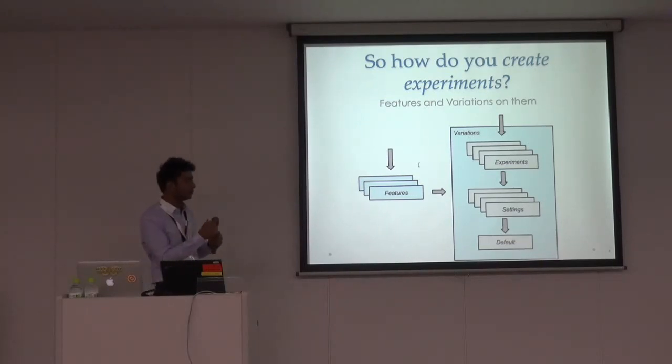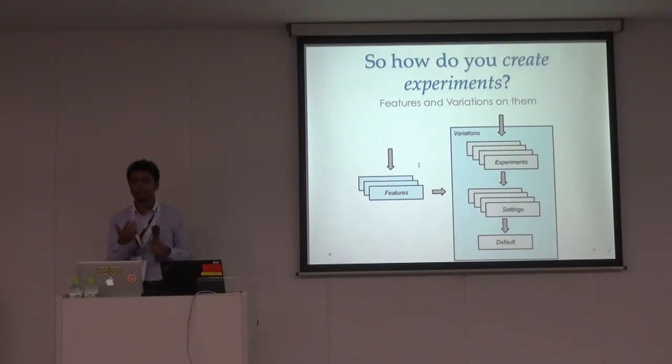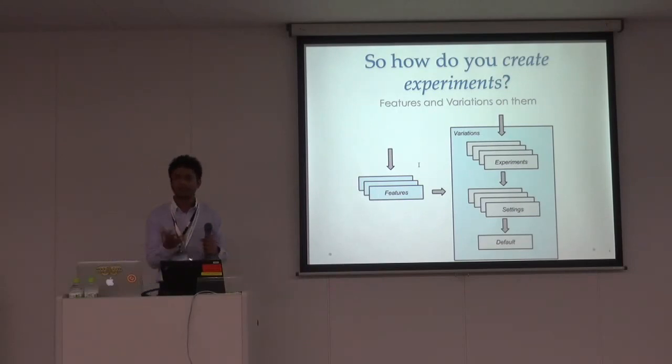But here's the tricky part. We wanted to extend our A/B testing platform into something more, where we can do customizations and different kinds of experimentation. So we came up with 3 types of variations. The first one is experiments, the second one is settings, and the third one is default. A default variation would be the base variation, the original control variation.